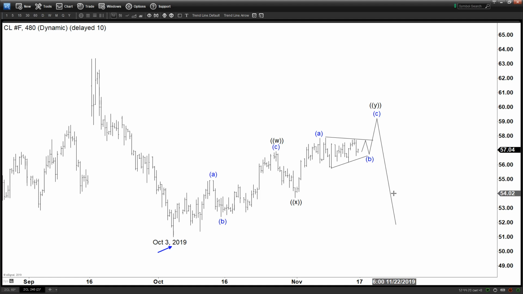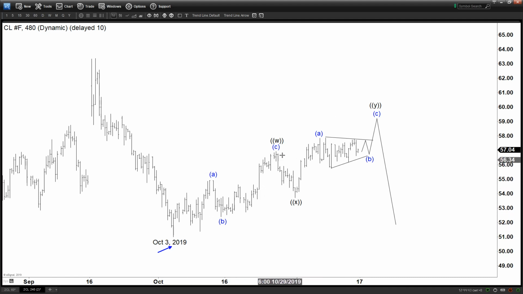So if you take a look at it from the October 3rd point of view, you can count this as a 1, 2, 3, 4, 5 swing. It's a 5 swing, but it is not 5 waves. We are calling this a 5 swing as part of a 7 swing double zigzag.